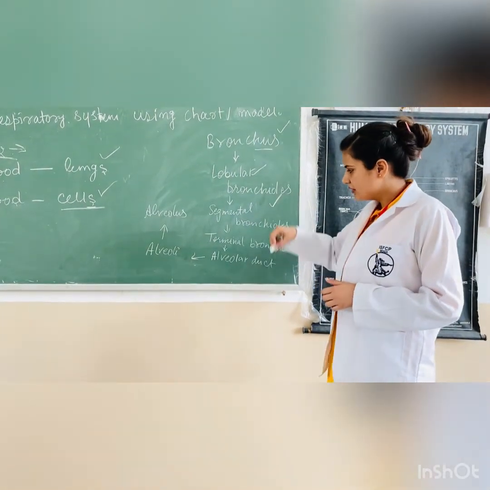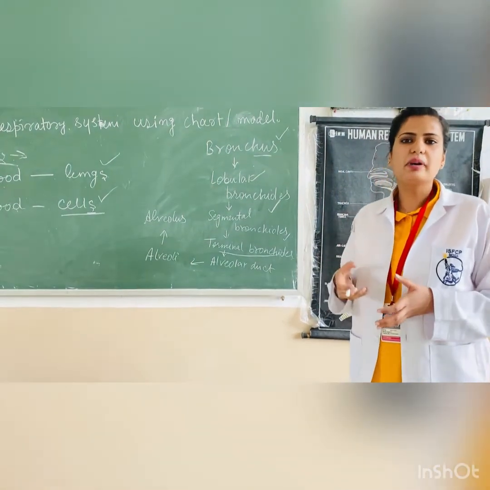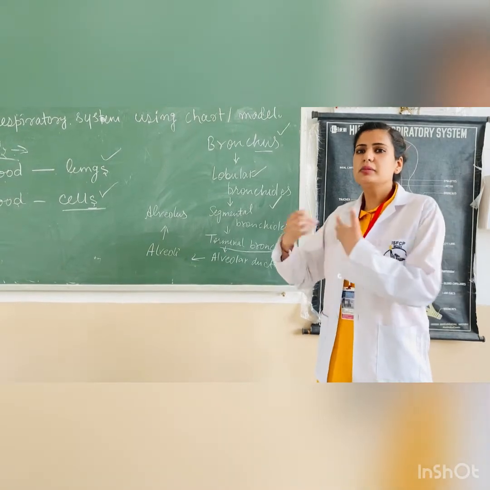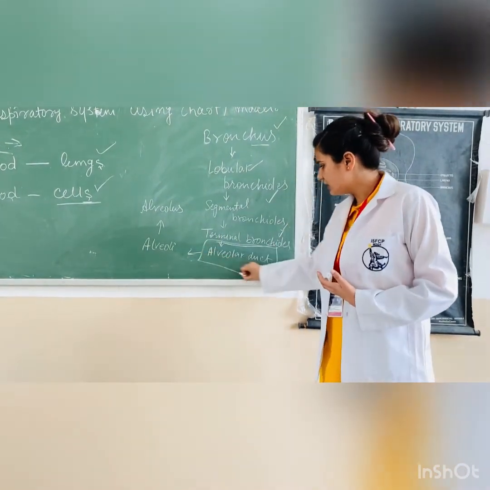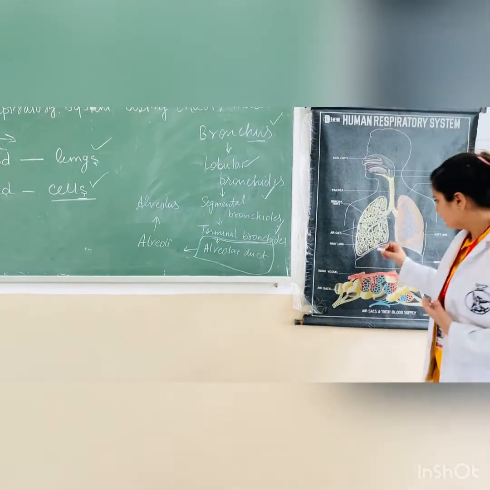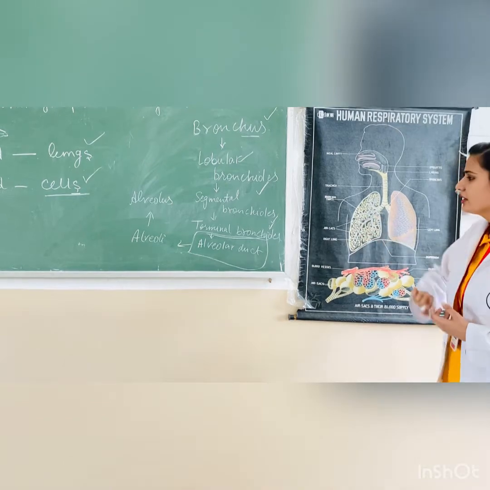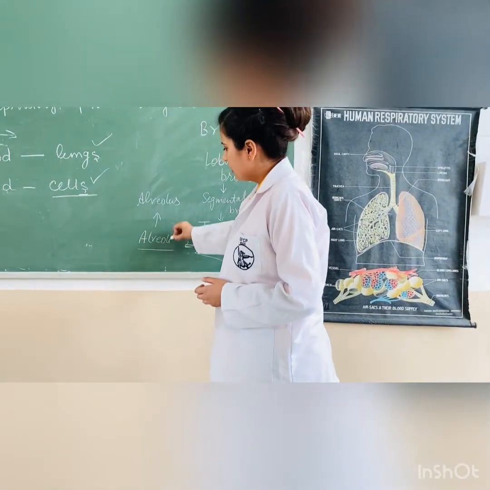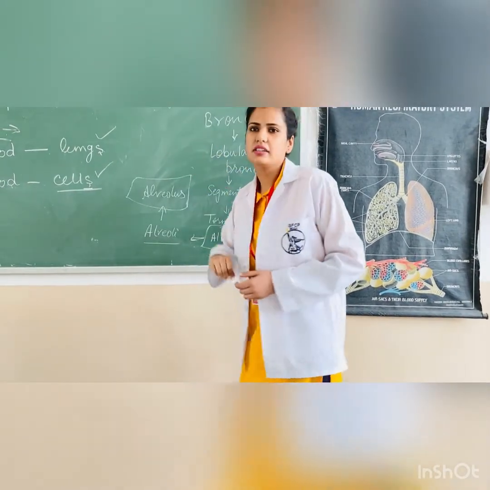Then they will divide into terminal bronchioles, which are the end part of the bronchioles. After that, another branching, they will be converted into alveolar ducts. After that, alveoli are there, and at the end the alveolus is present.